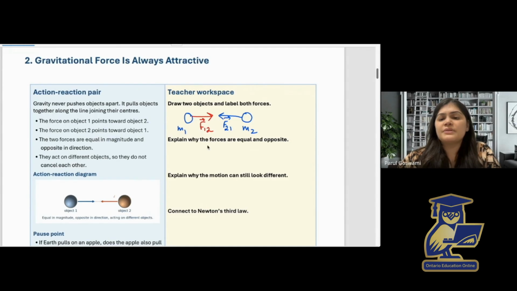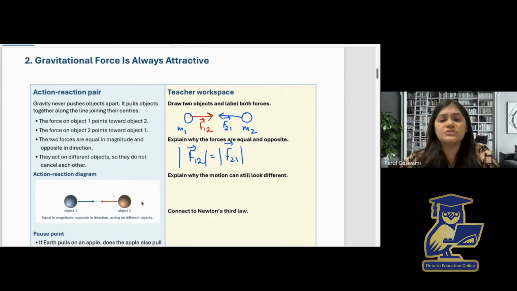Now we have to explain why the forces are equal and opposite. F12 equals F21, so both the forces are equal in their magnitudes. If object 1 is exerting 2 Newton force on object 2, object 2 will also exert 2 Newton force on object 1.